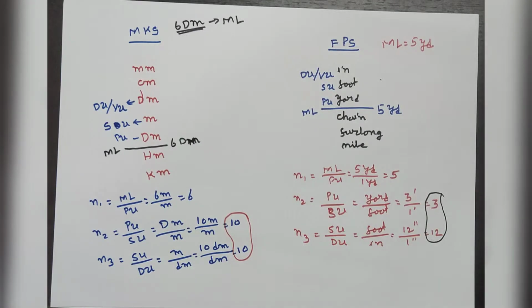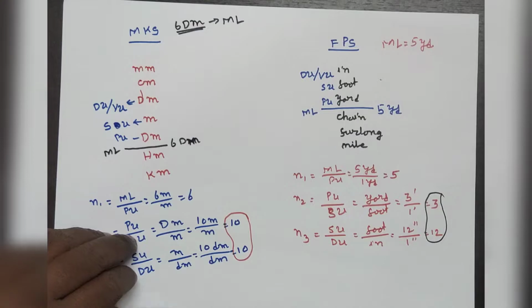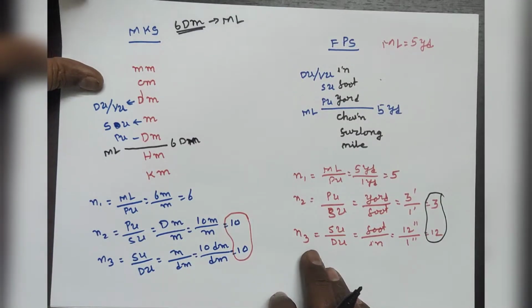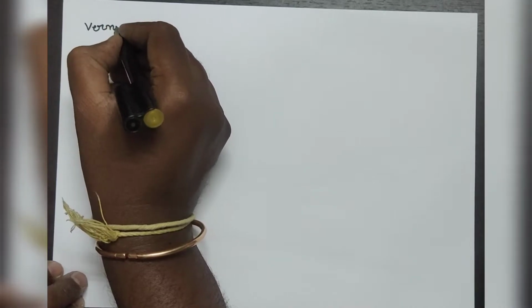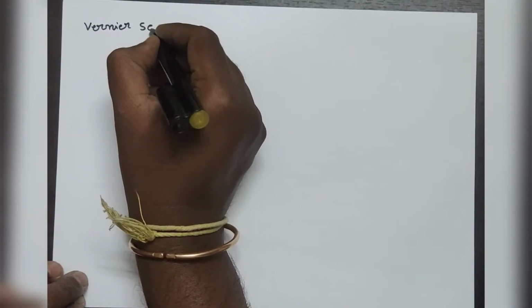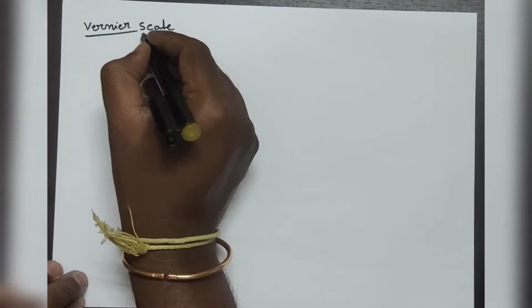But the most important point which we have to remember in case of Vernier scale is, what is the most important point we have to consider in case of Vernier scale?